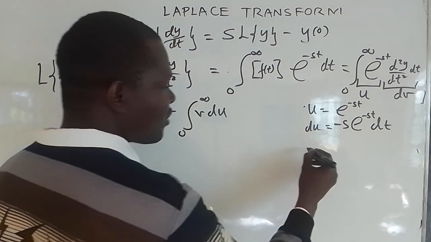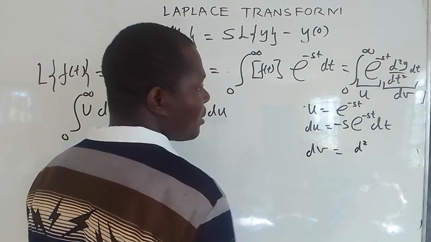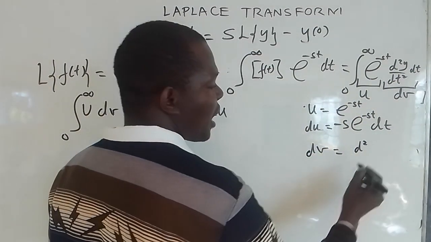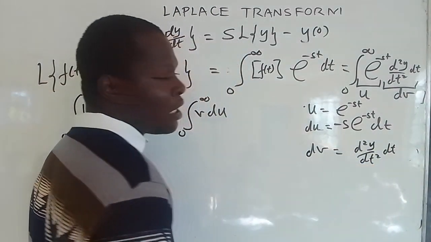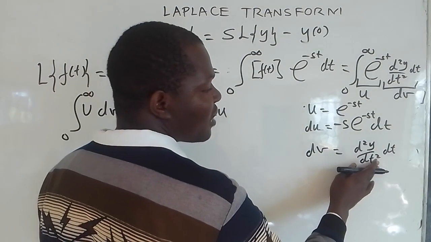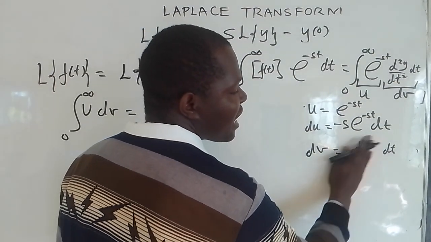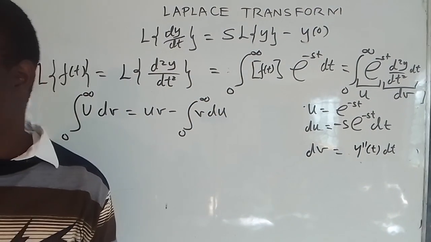Then you know your dv is what? The dv is the whole of that, isn't it? It is d squared y over dt squared dt, isn't it? Are we together? So you know d squared y over dt squared can be written as y double prime of t, isn't it?